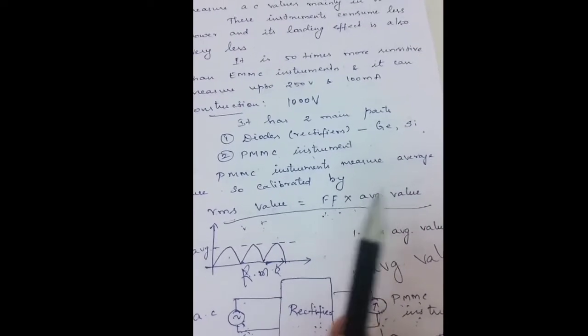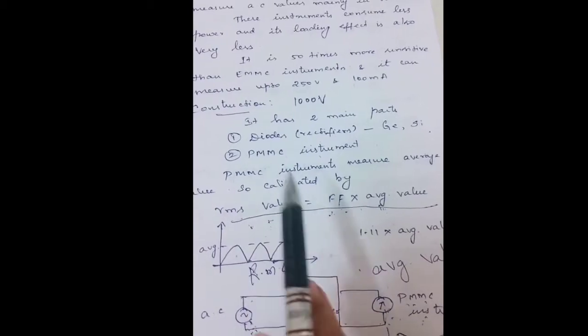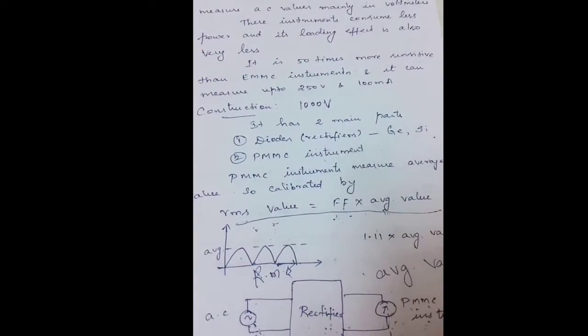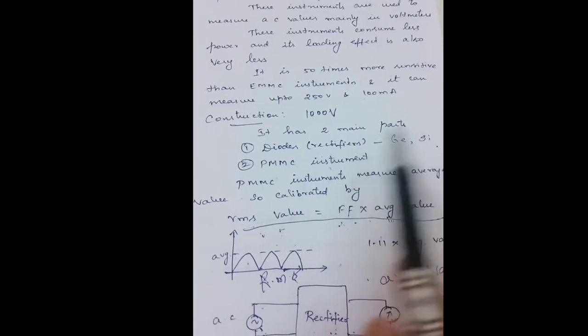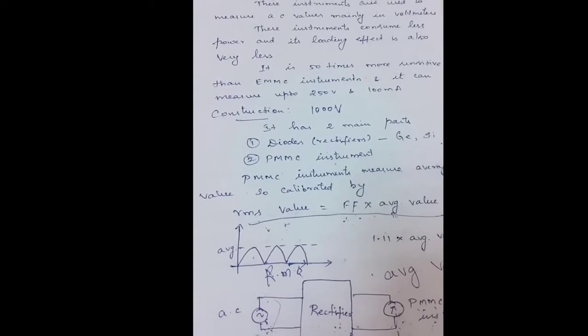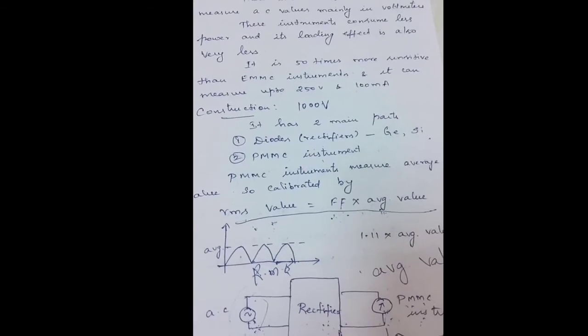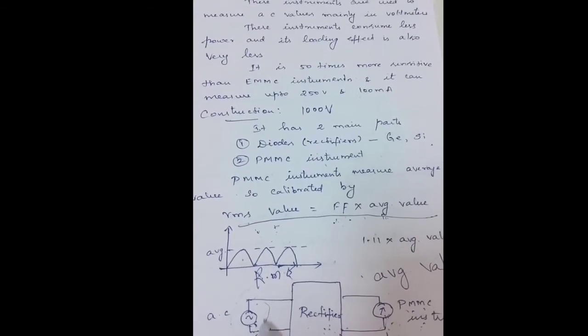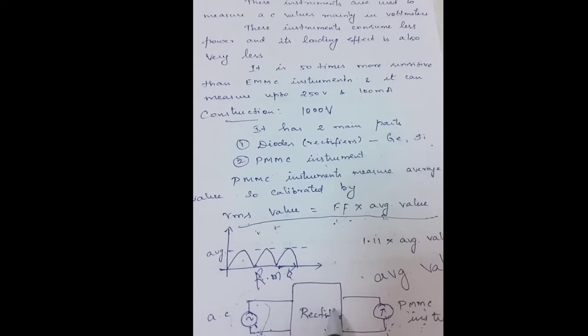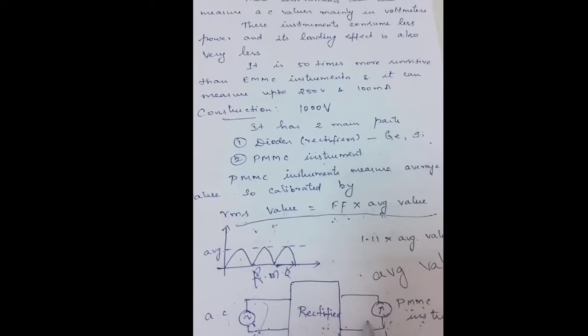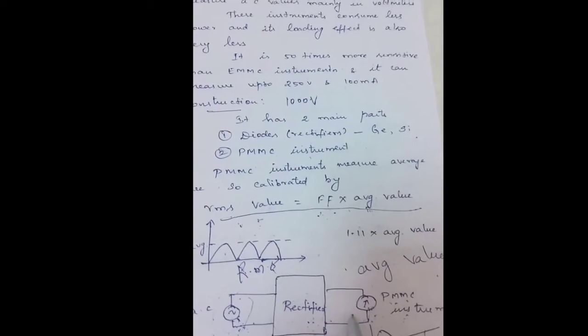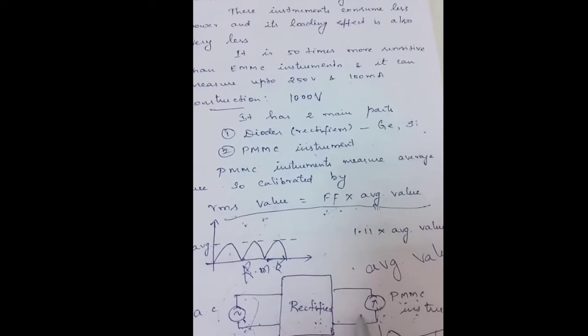If we want to make use of this rectifier type instrument for measuring higher values of current, we need to make use of a current transformer at the input stage, so that the current transformer reduces the current value to the diode operating range, and then we can measure it by means of PMMC meters at the output stage.